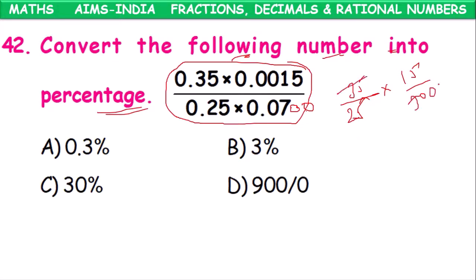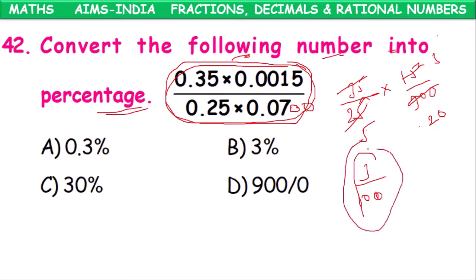So cancellation: 35 twos are 70, 35 zeros are 0, 5 threes are 15, 5 twenties are 100. So the given decimal numbers, product and quotient, after simplification, we are getting 3 by 100.